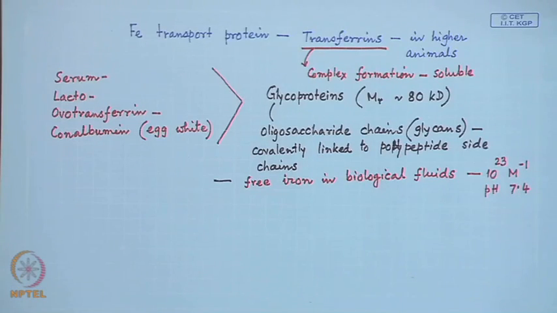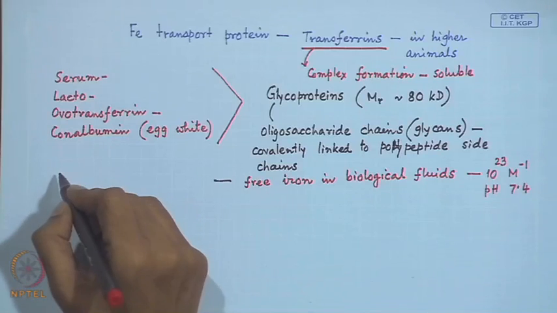When they are very strongly complexed, it is not possible to take out that iron by some other groups. Some other donor groups are also available in the biological system, but if the formation constant is not very high, it will only chelate to that particular site, otherwise it will just go to the other molecules.